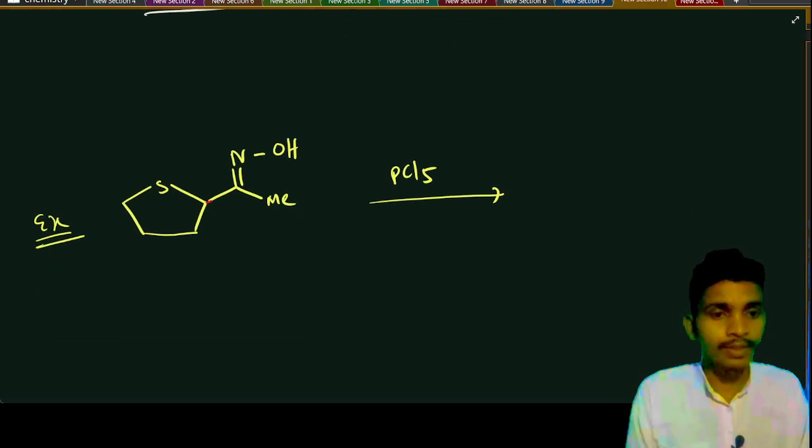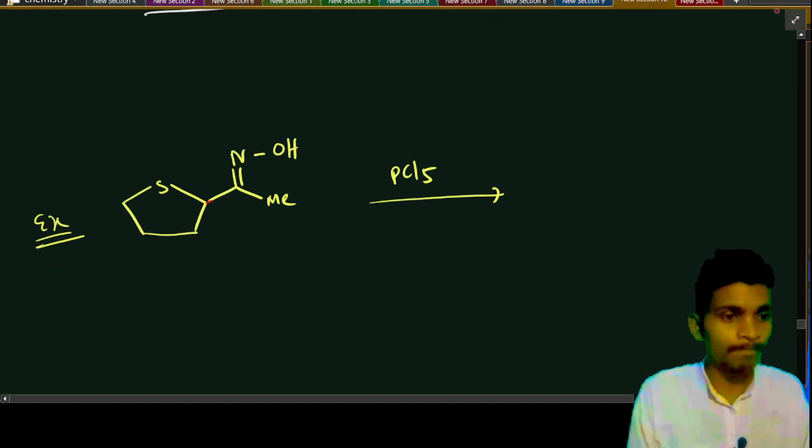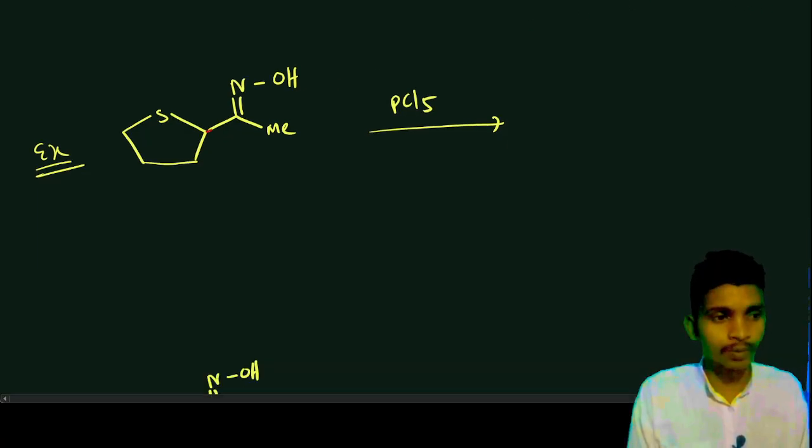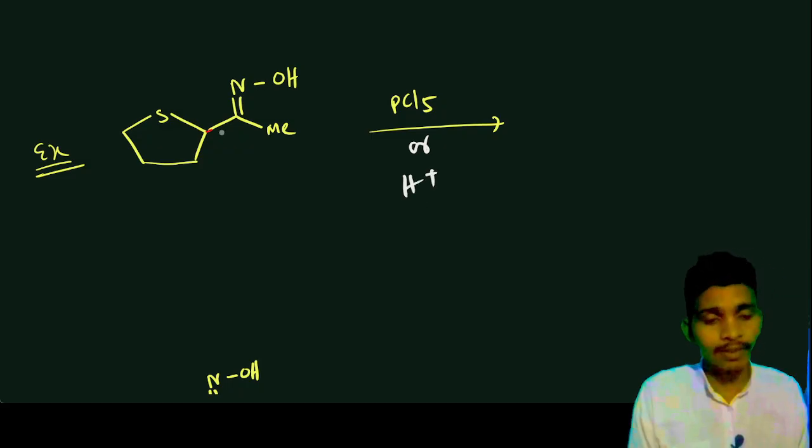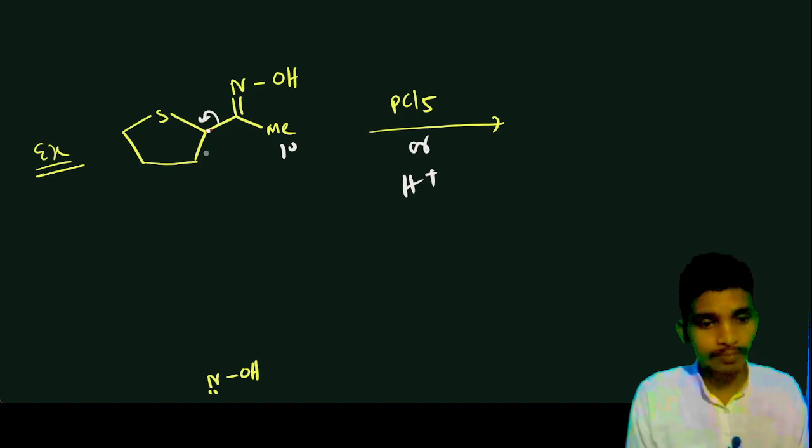Okay, so see here in this example, if you notice this, the first work is that either PCl5 or H plus, anyone is given. First our work is to convert this NOH into CO group. After that we will check the migratory aptitude. Okay, so now this is the 1 degree carbocation. After breaking, okay, this is the 3 degree, but after breaking what will it become?